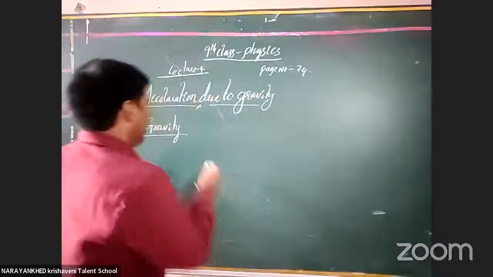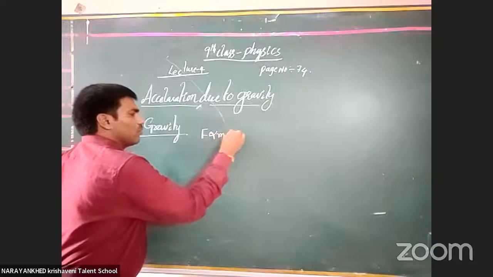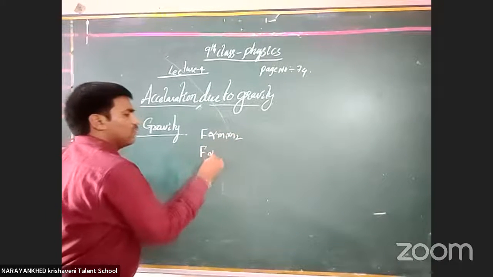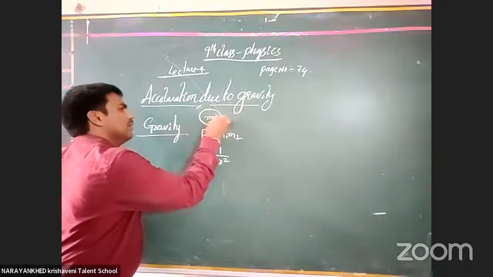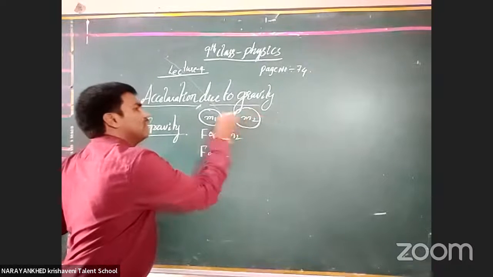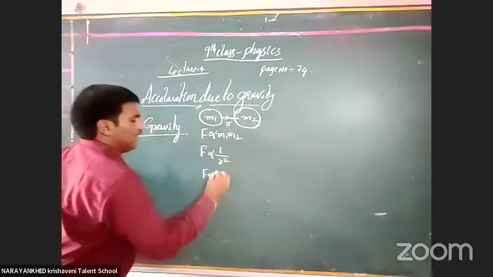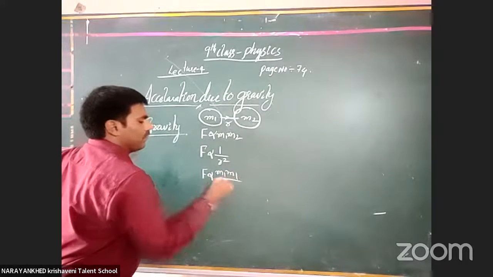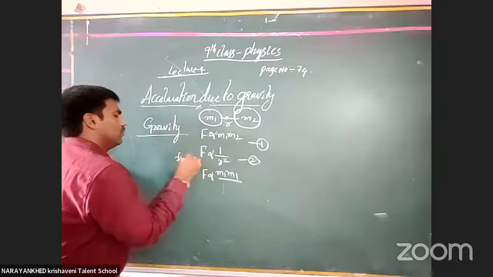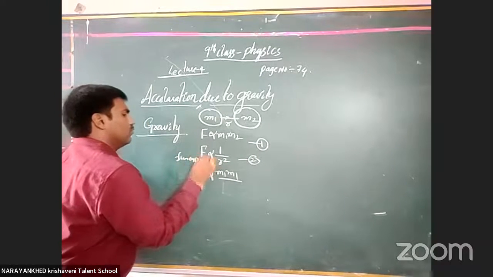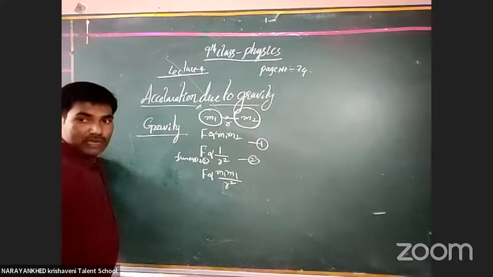Here F, the gravitational force, is directly proportional to m1 and m2, and inversely proportional to the square of the distance between them. M1 and m2 are the masses, and the distance I take as r. From equations 1 and 2, F is directly proportional to m1 m2 by r square.